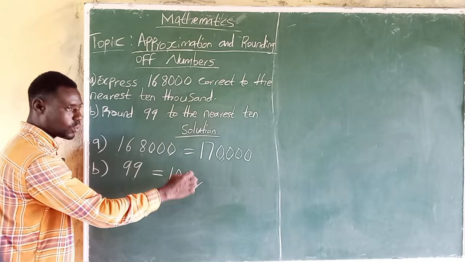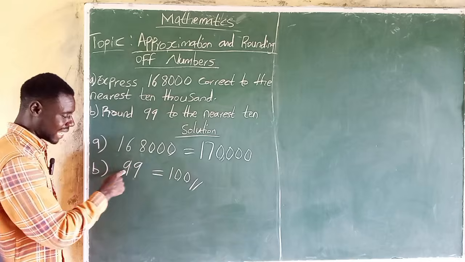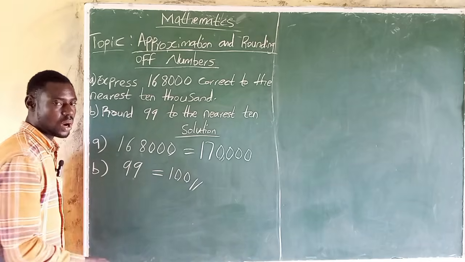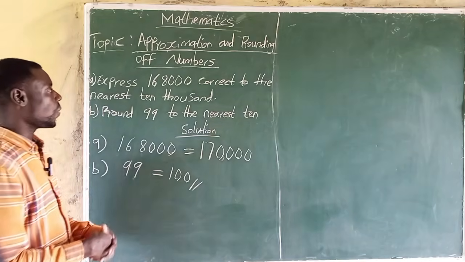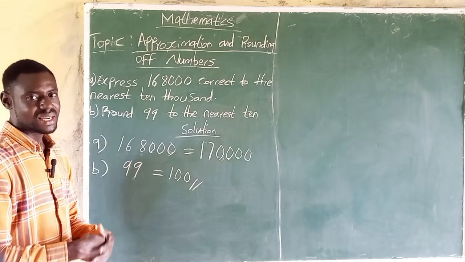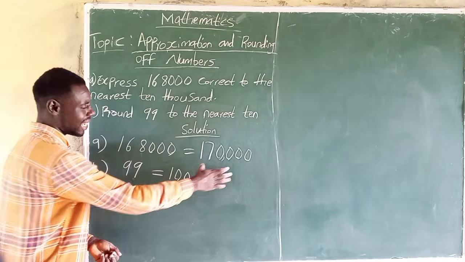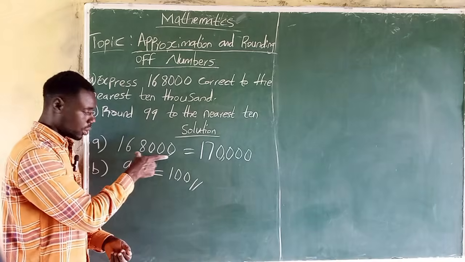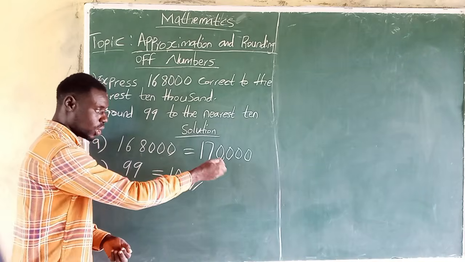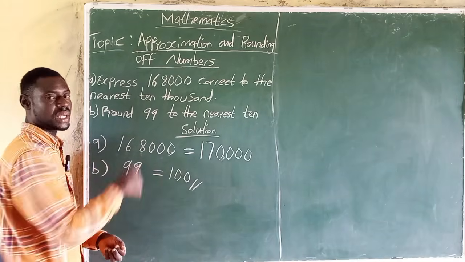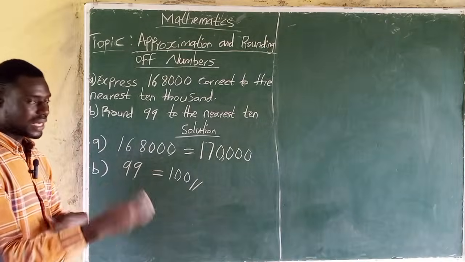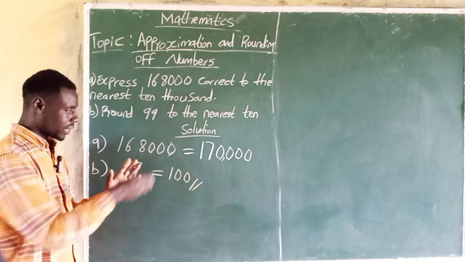So that 1 you rounded up to, you add it to this 9, it becomes 10. That's how we got the 100. So this is how you approximate and round up a number. This is the approximation for this, because this number is bigger than this, but you approximated it according to the question given to you, you rounded it up, to get this value.